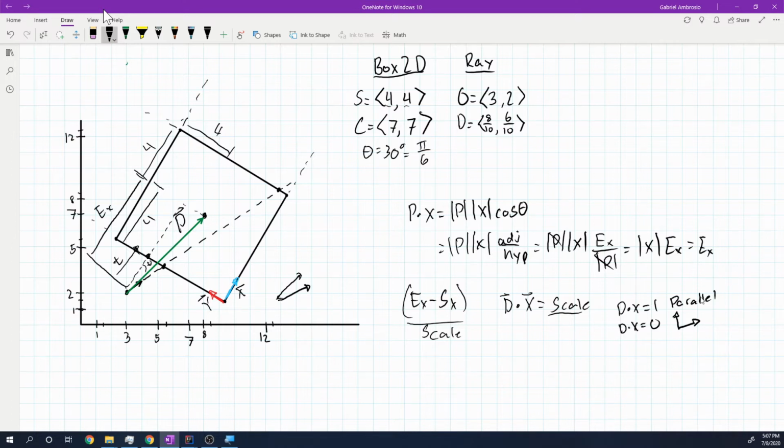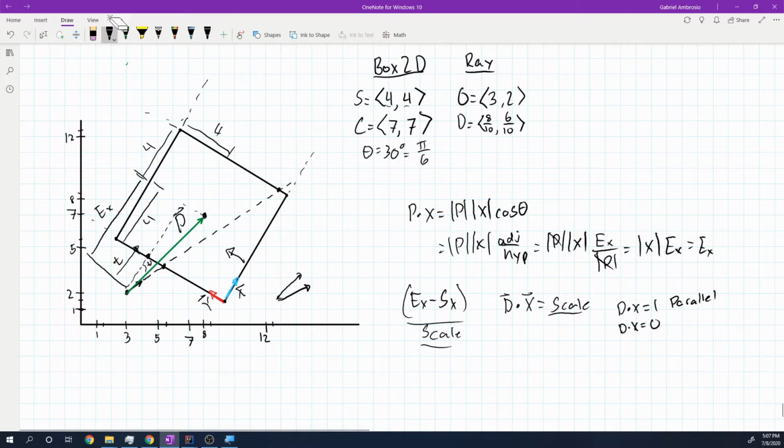Because if our ray was pointing perpendicular to our x vector, so if our ray was pointing this way, then we're never actually going to hit it. And so it would be an infinite value. D dot X would be 0, we would be dividing by 0, which would give us infinity, which makes sense because there's no way we could ever hit it. So we get that infinity, which means you're never really reaching it.